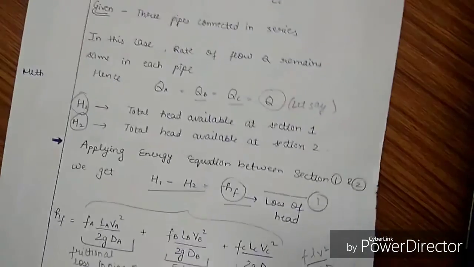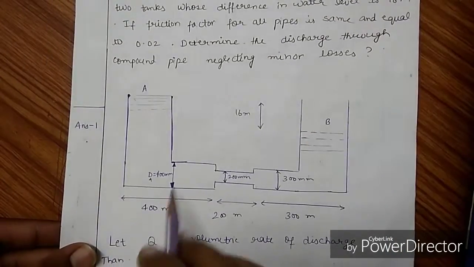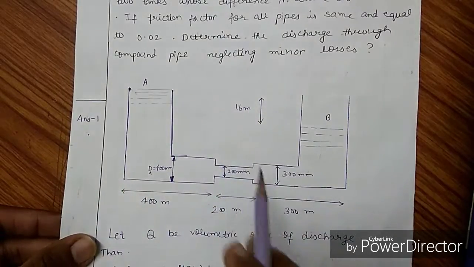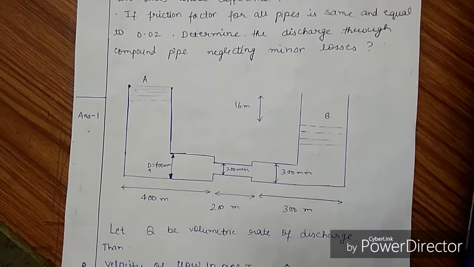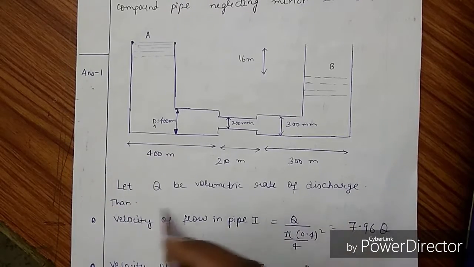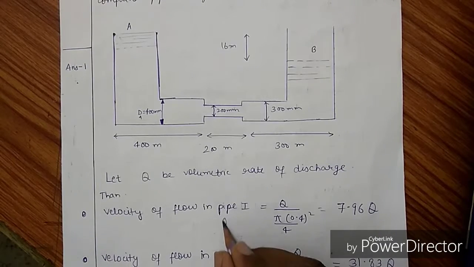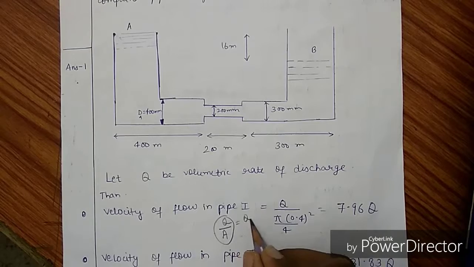So applying the same concept in our question, we are given the diameters of all the pipes and their lengths, and we are also given the difference in height of the two tanks. So let Q be the volumetric rate of discharge through the pipe. Then the velocity of flow in pipe 1 would be Q upon the area, where the area is pi d square by 4.